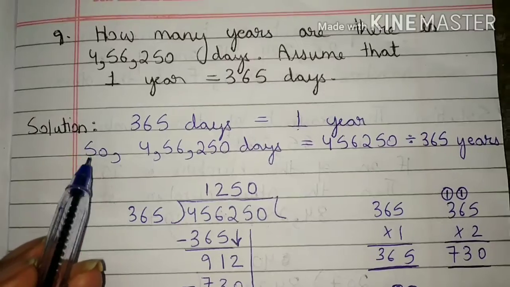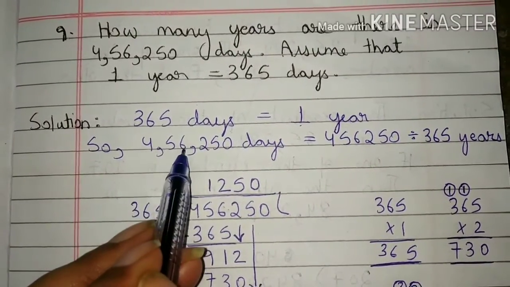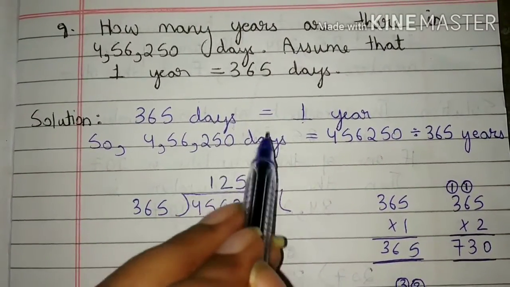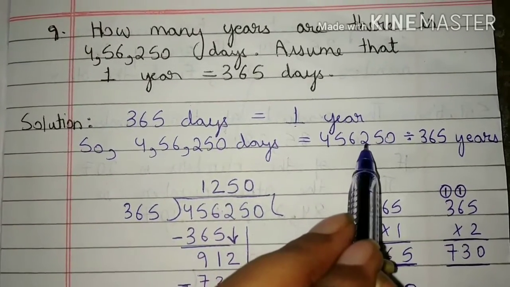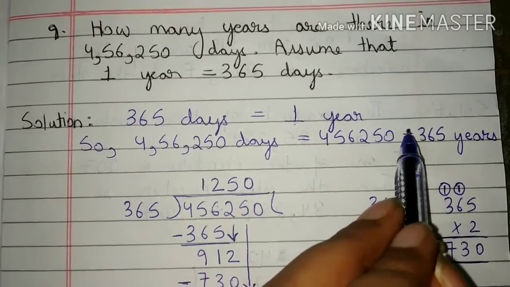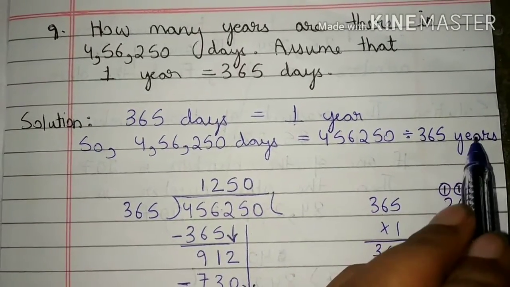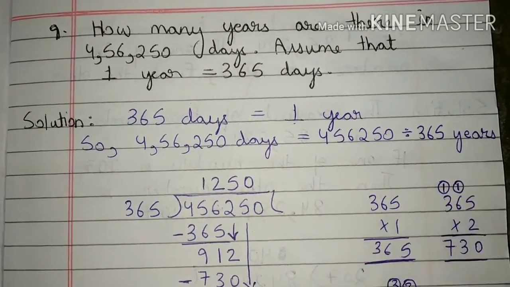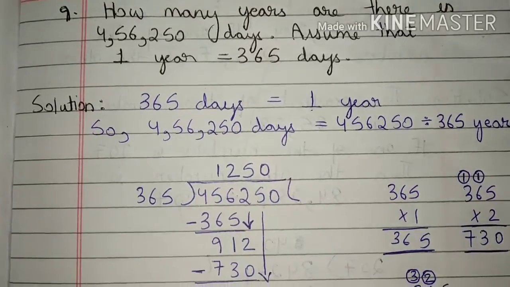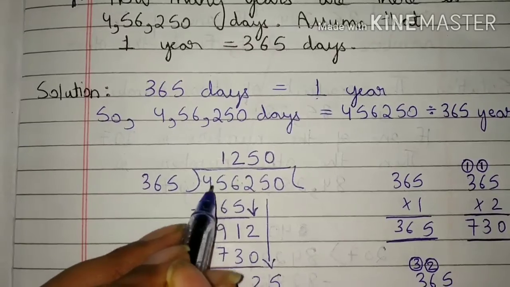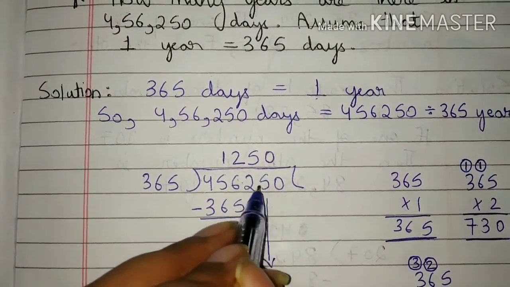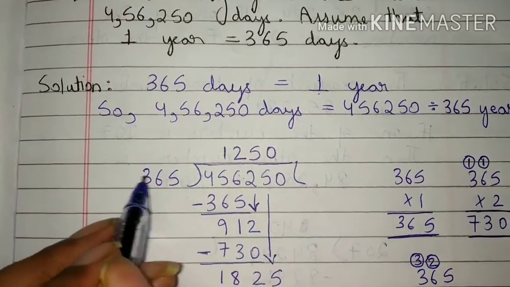So 4,56,250 days is equal to 4,56,250 divided by 365 years. Students, now we will divide 4,56,250 by 365.